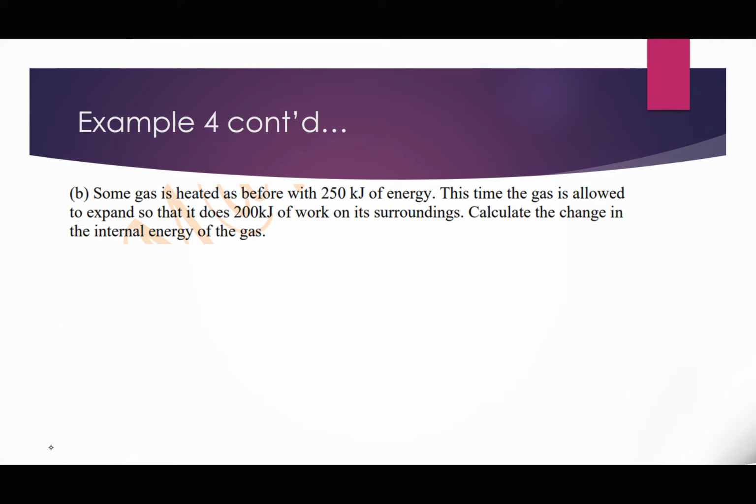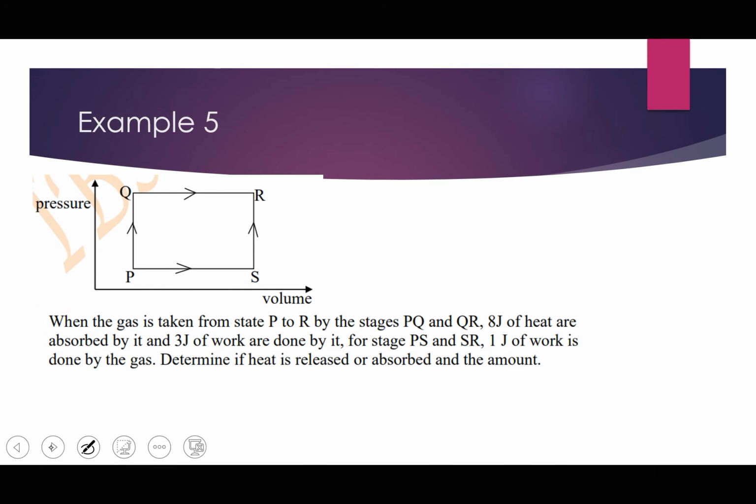Okay, next, number 5. In number 5, we have a diagram where we are moving from P to Q. When the gas is taken from state P to R by the stages PQ and QR, 8 joules of heat are absorbed by it.